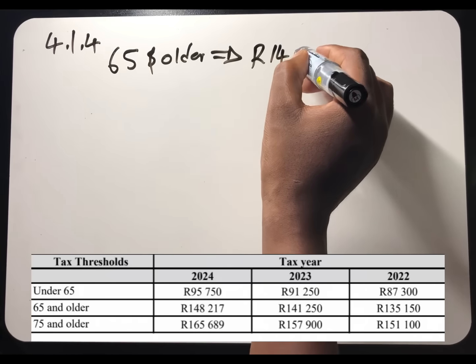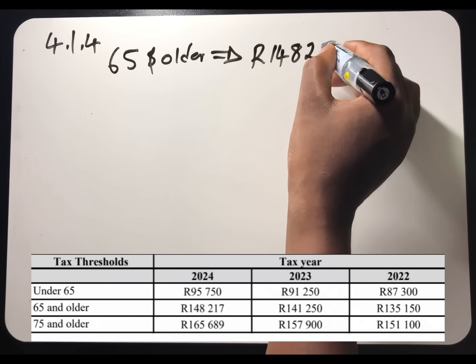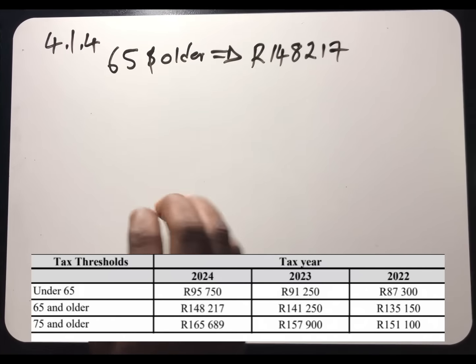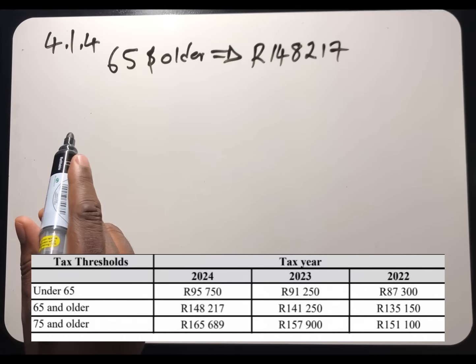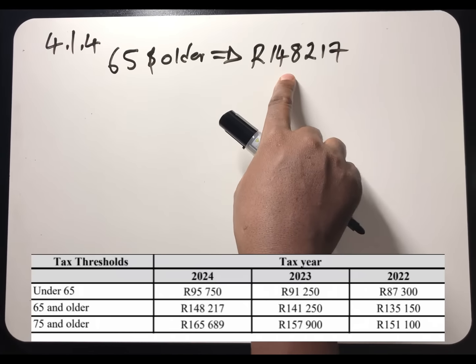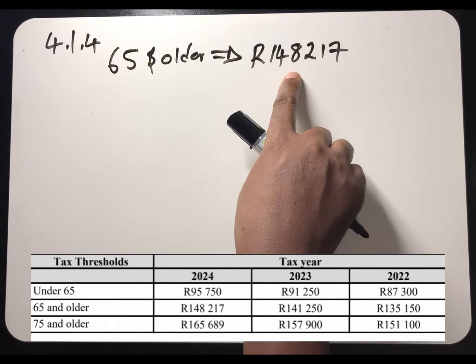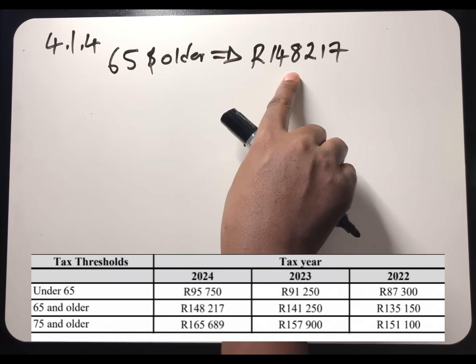They have to earn above this amount at least for them to pay tax in a year. So we are going to calculate his mother's annual taxable income. If it's above this amount, she has to pay tax. But if it's below this amount, she is not supposed to pay tax, and his claim is going to be correct.